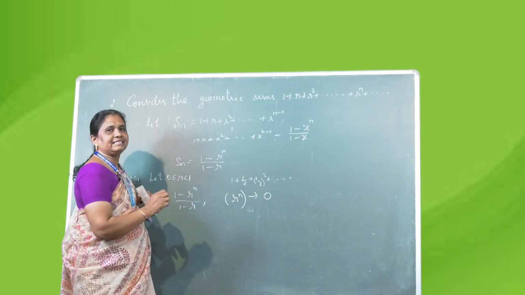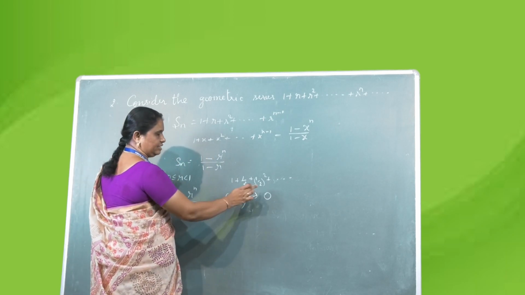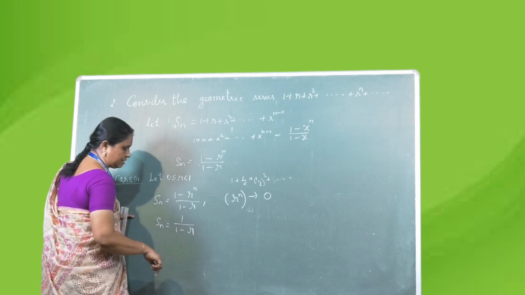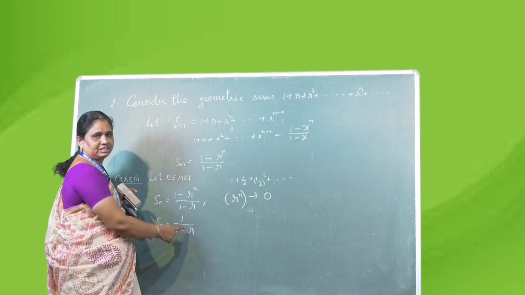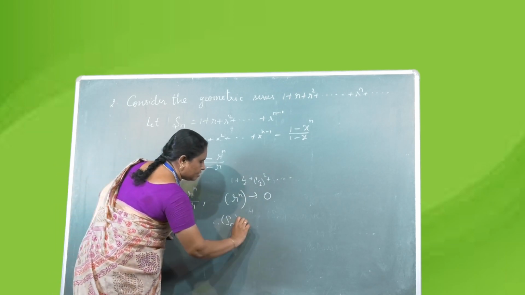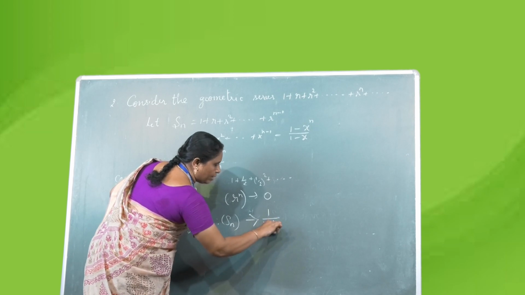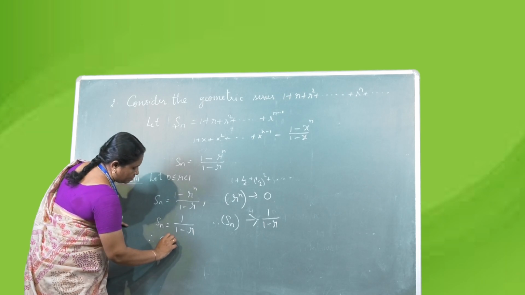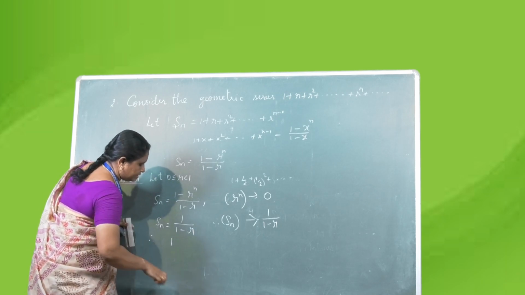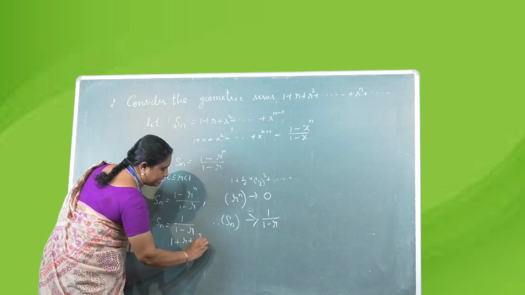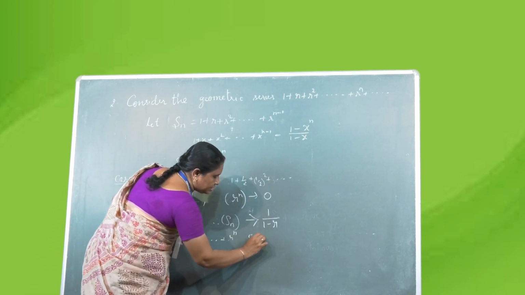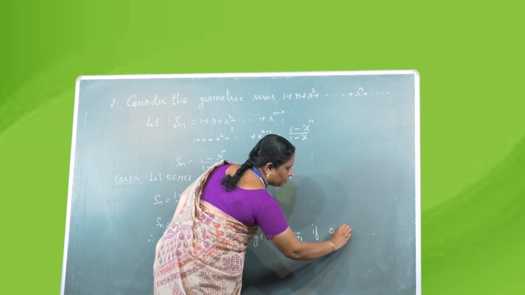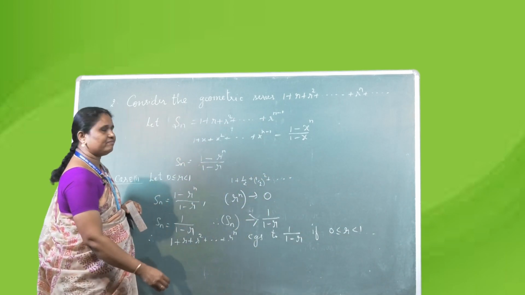This was discussed in sequences, and as this sequence converges to 0, sn becomes 1 divided by 1 minus r. Therefore the sequence sn converges to 1 divided by 1 minus r. Therefore the given geometric series 1 plus r plus r square plus etc. r power n converges to 1 divided by 1 minus r if 0 is less than or equal to r less than 1. So this is the first case.